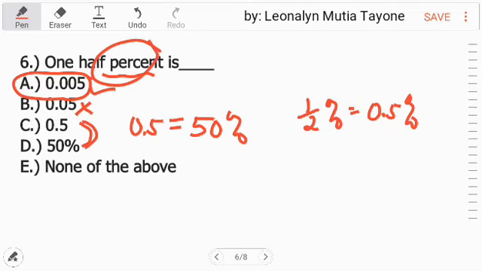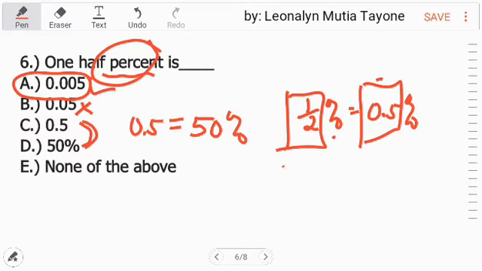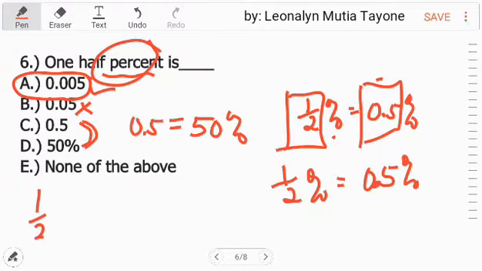Percent means per 100. The 1/2 is 0.5. What is the equivalent of 1/2? That is 0.5. But if it is just 1/2, that is 50%.